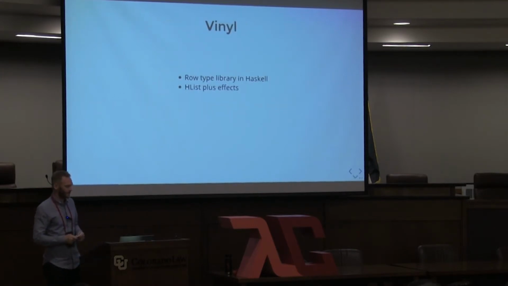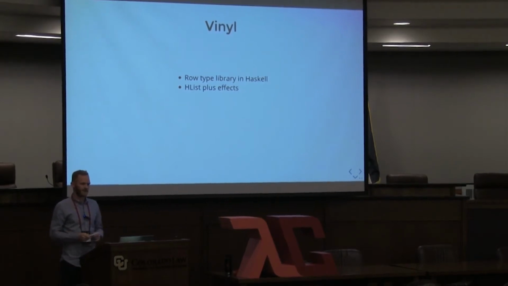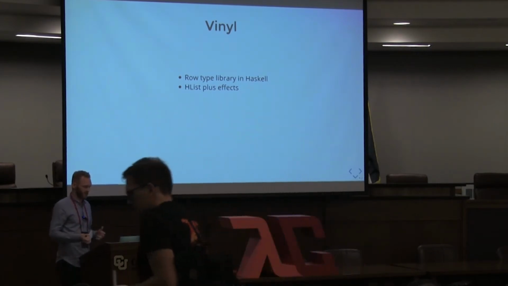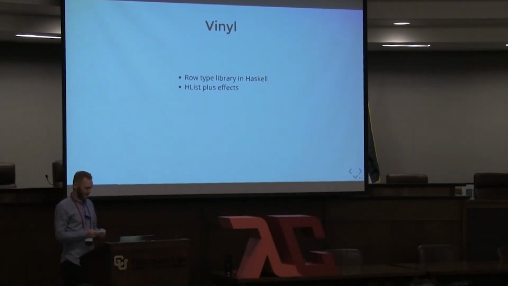Cool. So there's this library, Vinyl, in Haskell that does a lot of this for us. It's this row type library in Haskell, and it's like an HList plus effects, where there are people who have given talks actually here at this conference on at least Shapeless, I know, and probably other things of that nature.